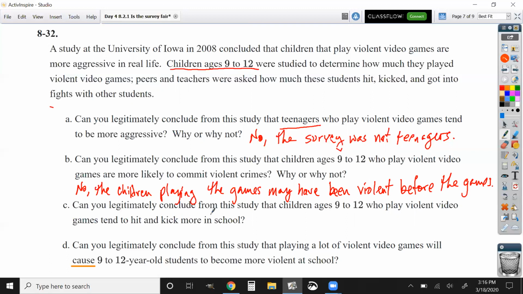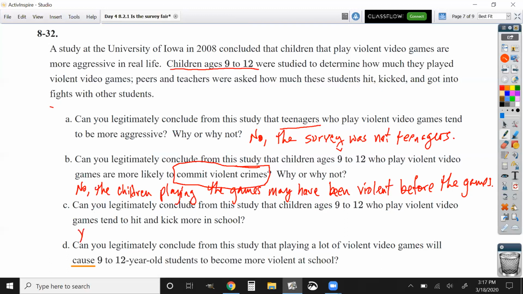Part C, can you legitimately conclude from the study that children 9 to 12 who play violent video games tend to hit and kick more in school? Now, based on the previous one, they were looking to see if they commit violent crimes. In fact, I might even edit this. Children playing the games might not commit violent crimes, but these are not necessarily violent crimes. So here, can you legitimately conclude that children 9 to 12 who play violent video games tend to hit or kick more?